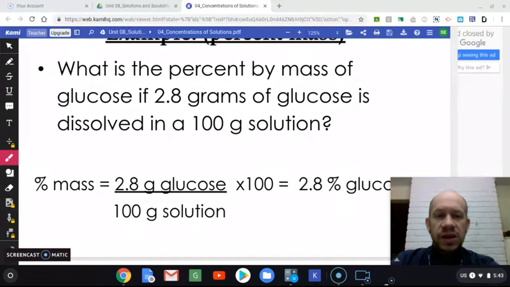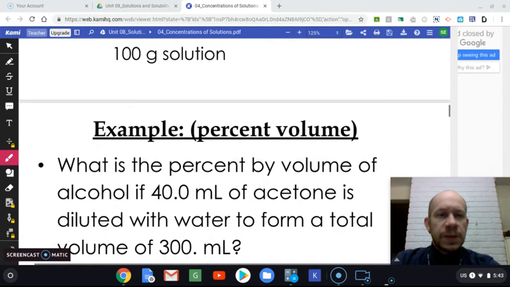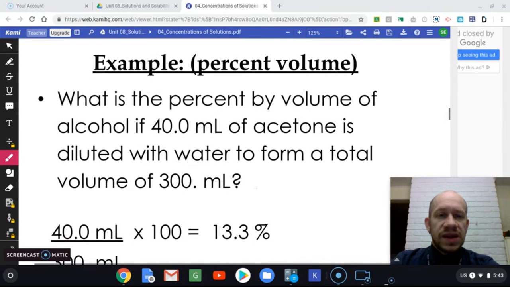In reality, what you really need to do is add the 100 plus the 2.8 to have your whole thing. But because it's such a small difference, sometimes we can get away with not doing that. So in this case, we just took the 2.8 divided by the 100 times 100. So it's 2.8% glucose.